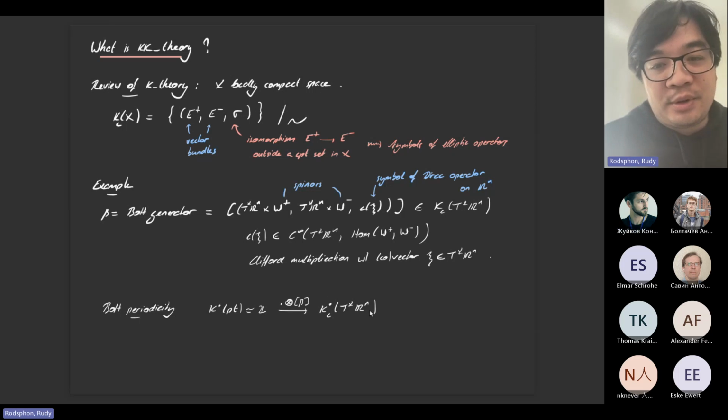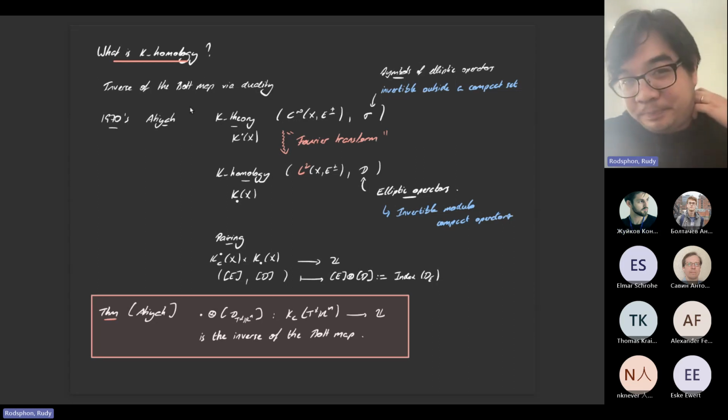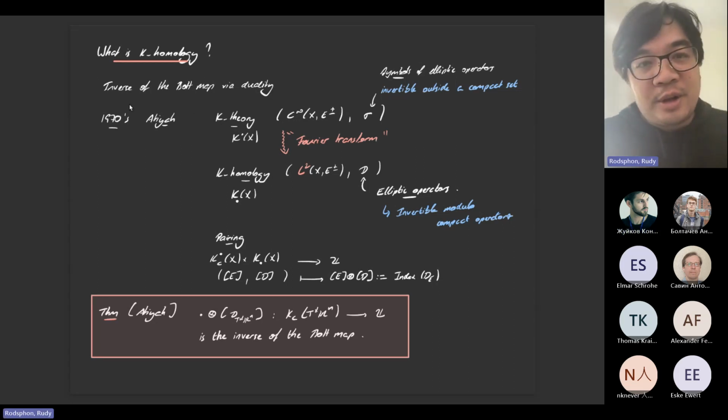So here K theory is basically a homology theory, and there is an associated theory which is called cohomology. And here the upshot is really, I don't think it was the original motivation of Atiyah, but it ends up being one consequence, that we can construct an inverse of the Bott map with duality this way.